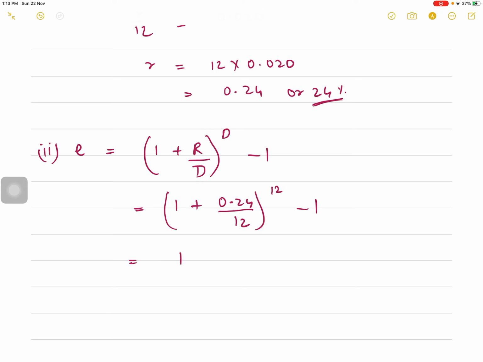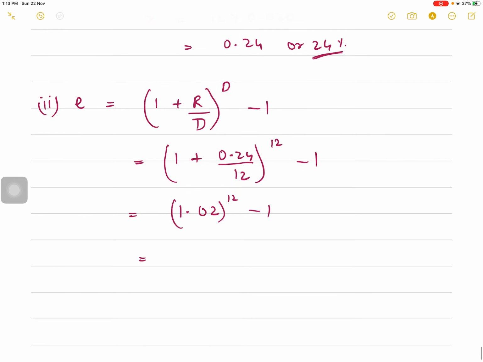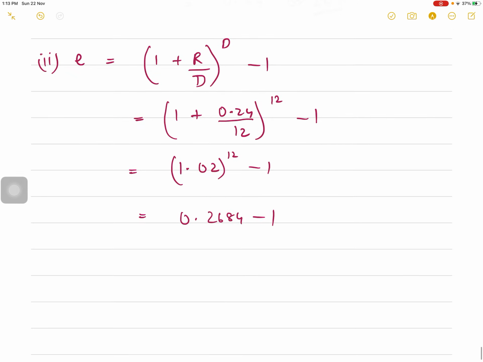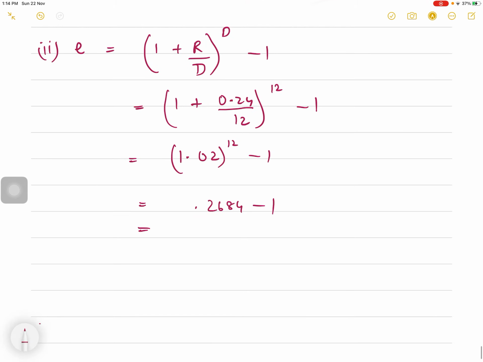So 1.02 raised to 12 minus 1, which comes to 1.2684 minus 1.